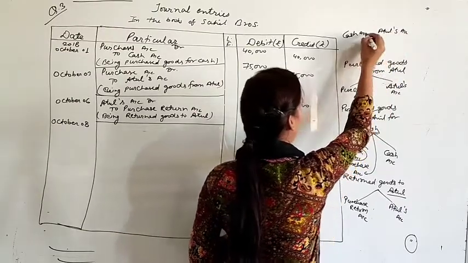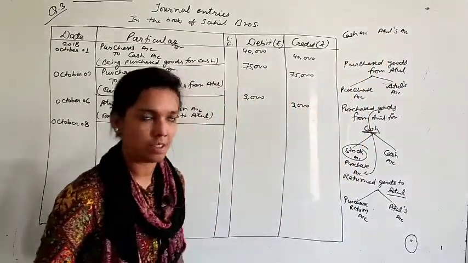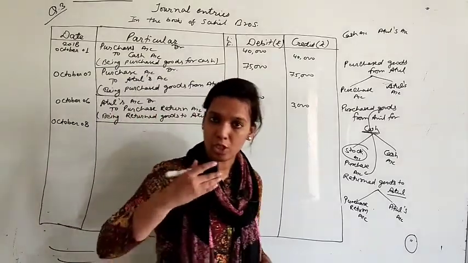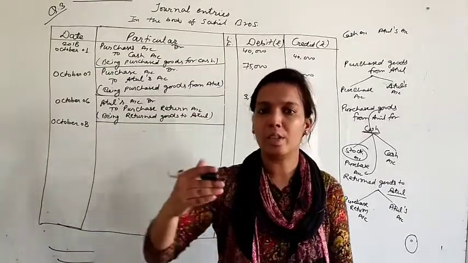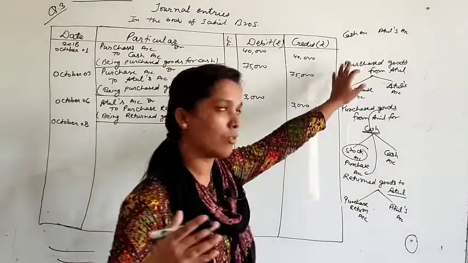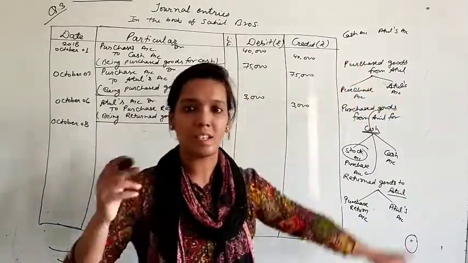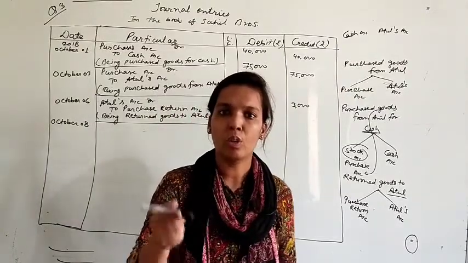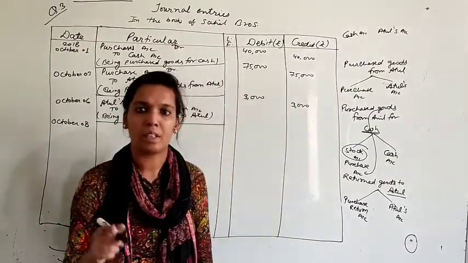Now see which account will be debited and which account will be credited. You are paying cash, it means cash is going out from the business. According to real accounts rule, credit what goes out. So cash will be credited, and Atul is the receiver of cash. So according to personal accounts rule, debit the receiver.